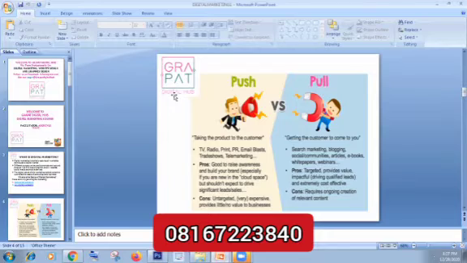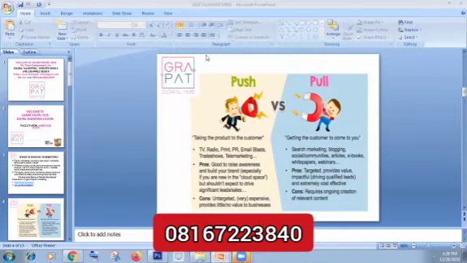Now let's look at the pros of pull digital marketing. It is targeted, it provides value, it is impactful, it drives qualified leads, and it is extremely cost effective. For example, if you want to run an ad on a radio station, they can charge you, let's say, 10,000 naira for 1 minute.